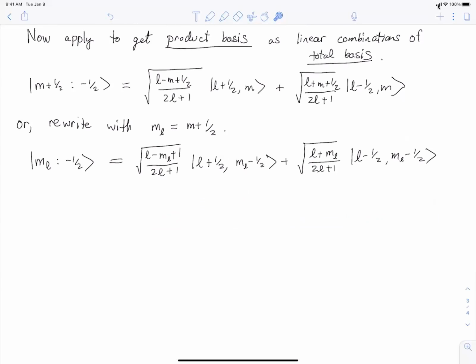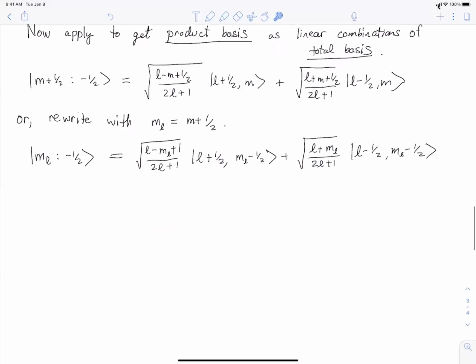Okay, and then you can do the same thing for the other combination. So similarly, and I won't go through the details as much, but skipping to the end, M sub L plus 1/2, you can write as square root of L plus M sub L plus 1, it turns out, over 2L plus 1.